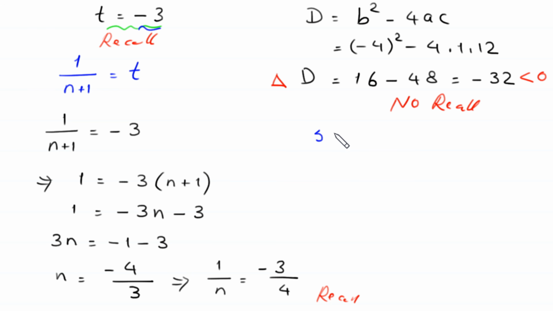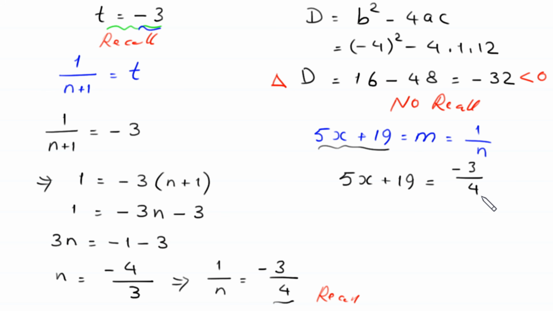Recall that 5 times x plus 19 is equal to m, and m is equal to 1 over n. So 5x plus 19 will be equal to this value, negative 3 over 4.